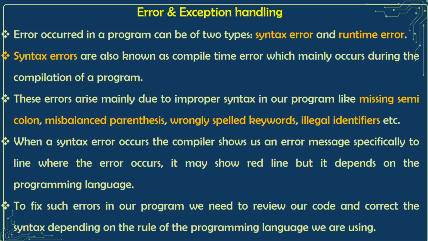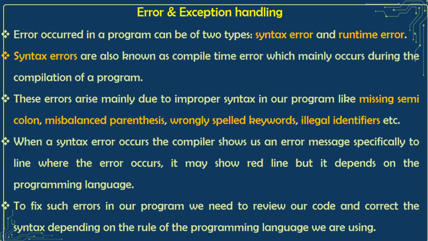These errors mainly arise due to improper syntax in our Java program, or C++, or any programming language. Examples are a missing semicolon, misbalanced parentheses, wrongly spelled keywords, illegal identifiers, and misbalanced curly braces.